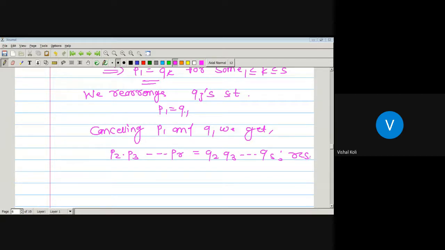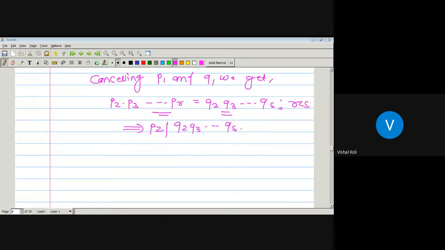Same for P2 also. As here this one product is equal to this one, which implies that P2 divides Q2, Q3 up to so on QS. Again P2 is a prime, Q2, Q3 up to so on QS are again prime.